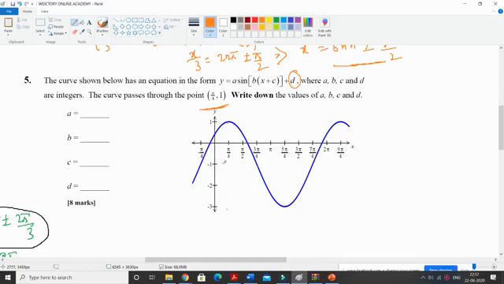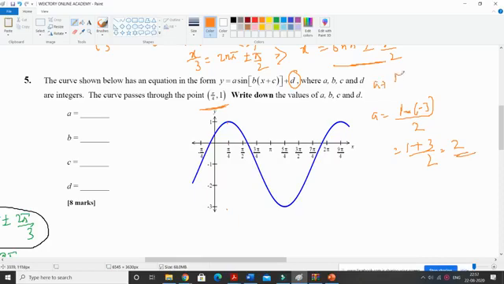So amplitude will give you maximum value minus minimum value divided by 2. So 1 minus minus 3 divided by 2. So 1 plus 3 divided by 2 will give you 4 divided by 2, which is 2.